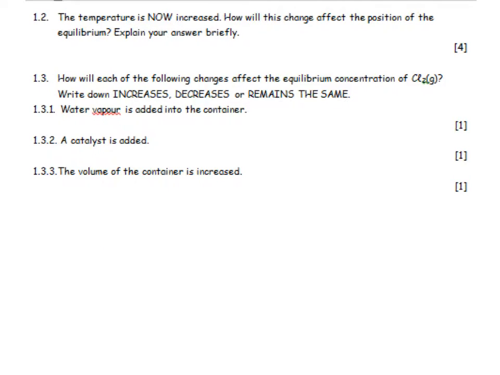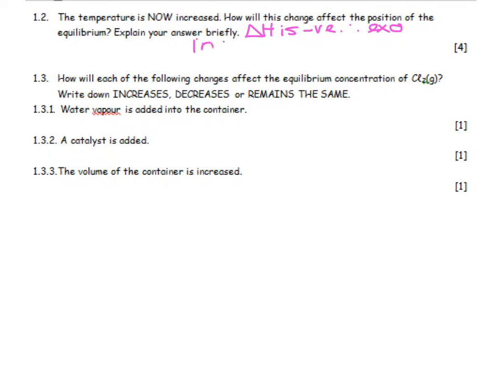The temperature is now increased. How will this change affect the position of the equilibrium? Now, watch carefully how I'm going to write this, because you want to try and do it as briefly but as detailed as possible. So, delta H is negative. Therefore, exo.